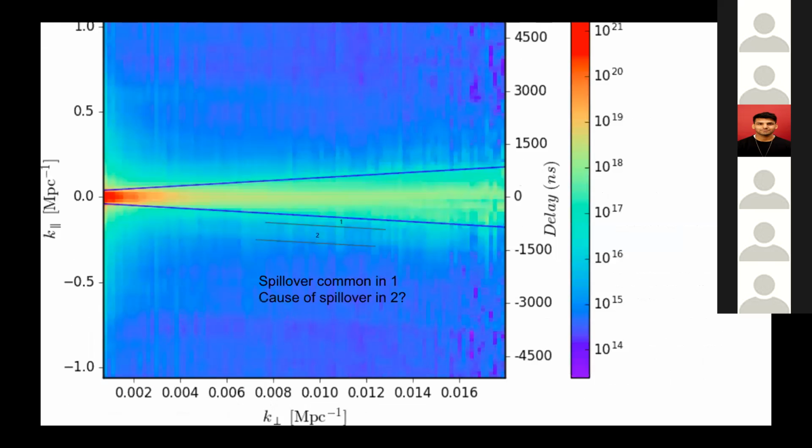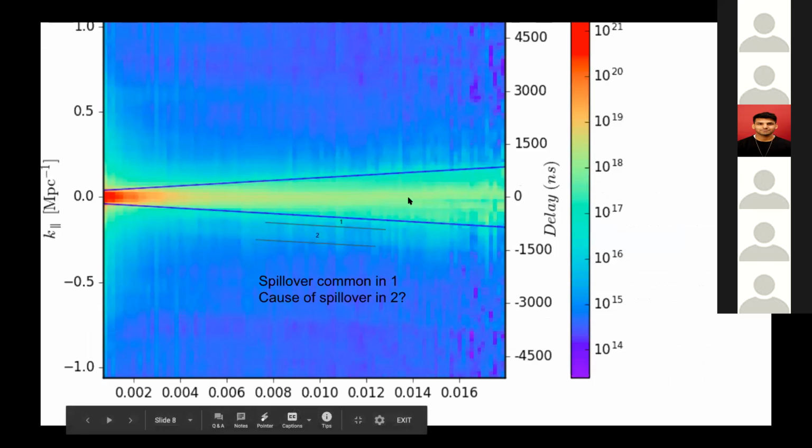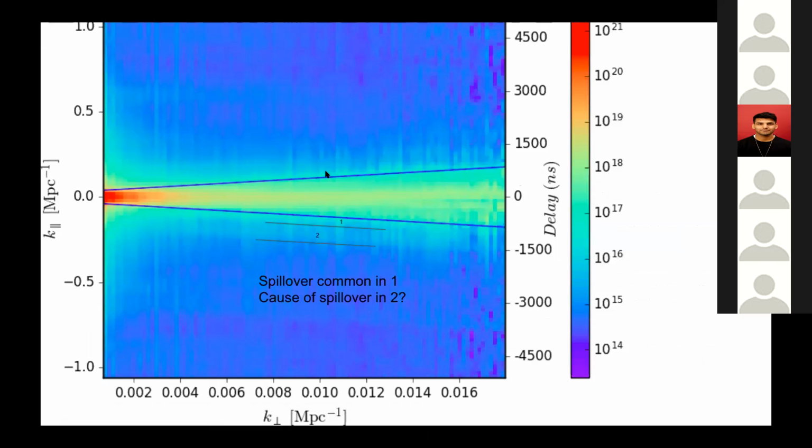I'm going to zoom in here just to point out a couple of features of the spillover. It appears that there are two levels of spillover. I don't know if you can see them here. One just outside the wedge, and that is fairly common for wedge spectra.